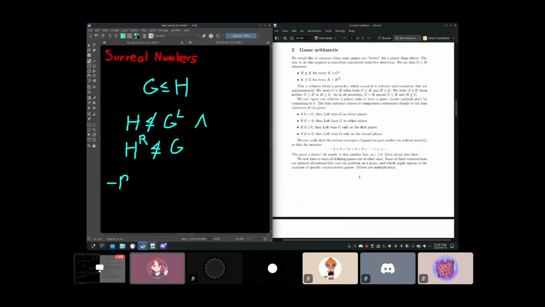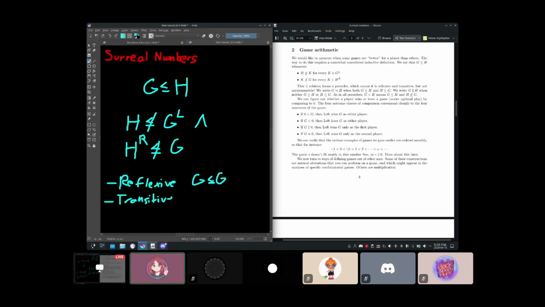It is reflexive. What reflexive means is just that G is less or equal to G. Which kind of makes sense, considering that it's not strictly less, it's less or equal, right? This is also transitive.